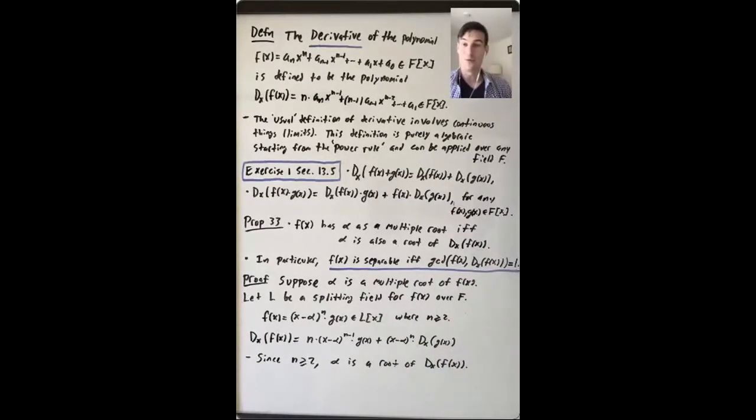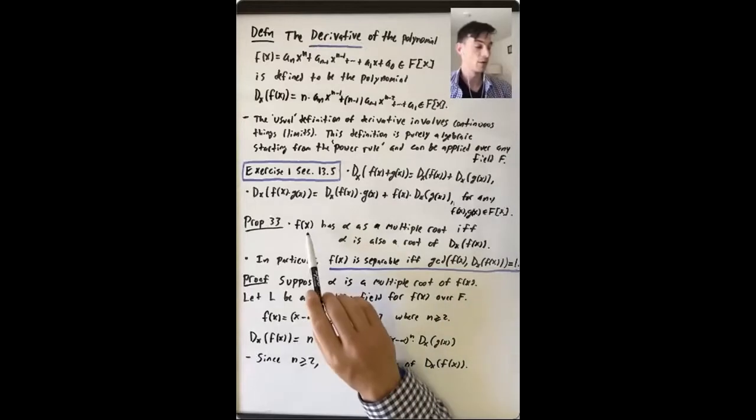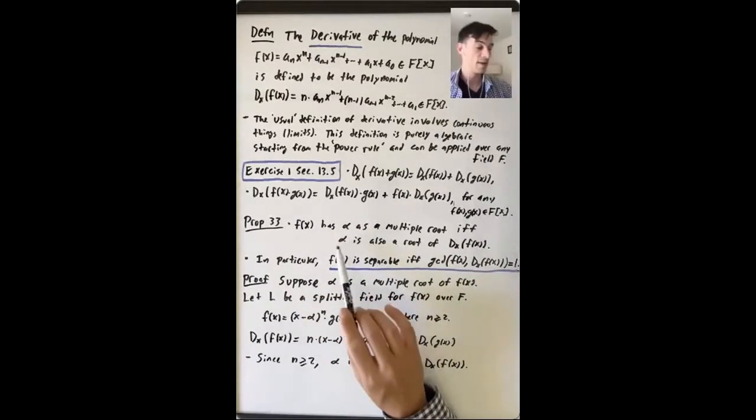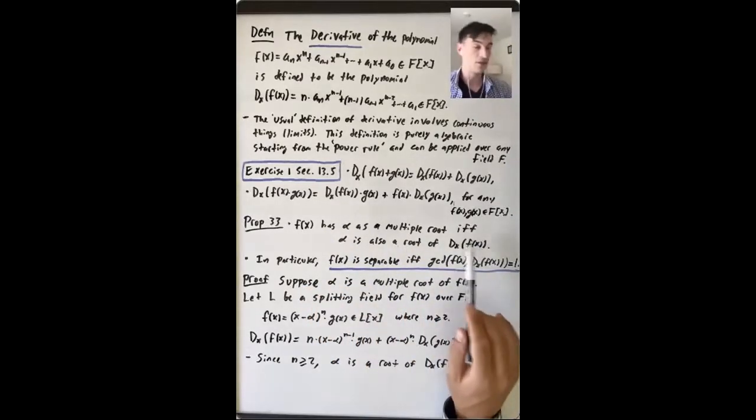All right, so what do derivatives tell us at all about polynomials being separable? Well, we get a way to tell whether a polynomial has a multiple root by saying something about the derivative. We're going to prove that f(x) has alpha as a multiple root if and only if alpha is a root of f(x), and alpha is also a root of the derivative of f(x).